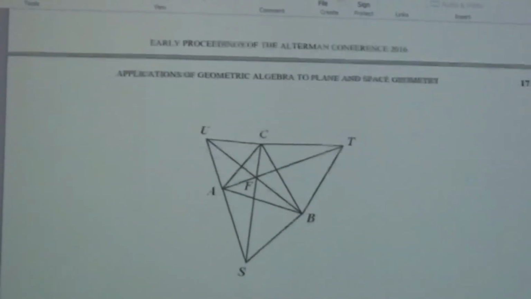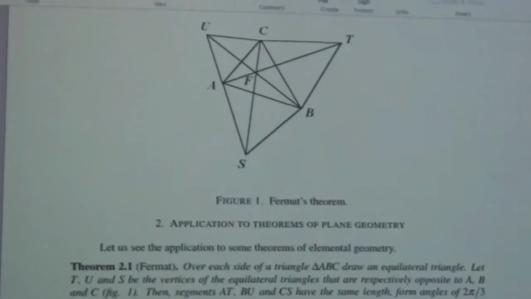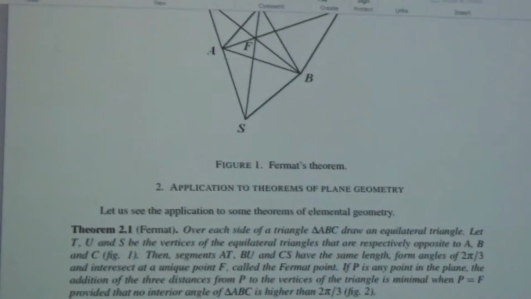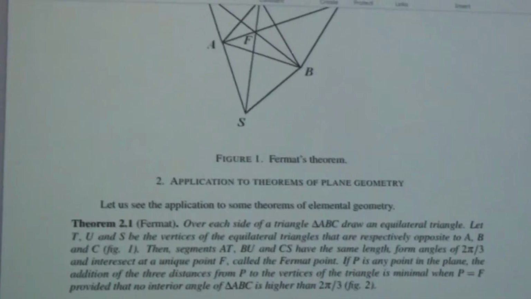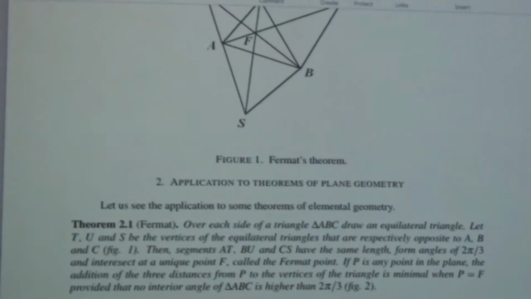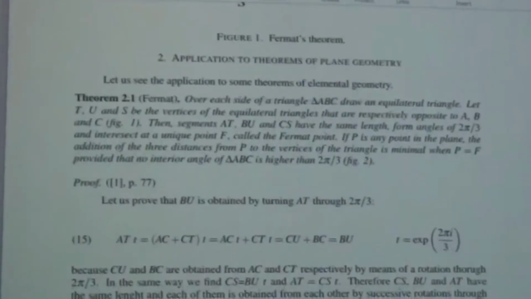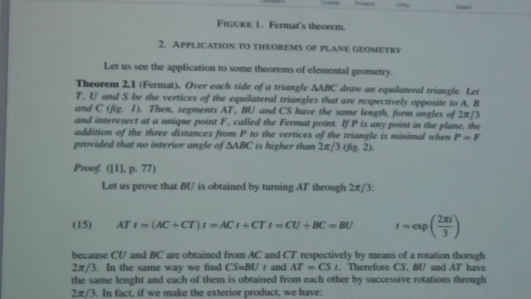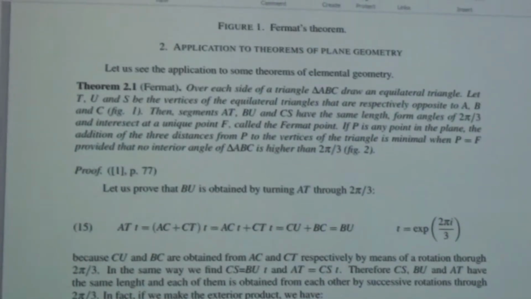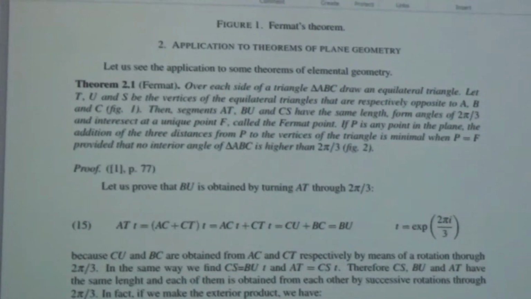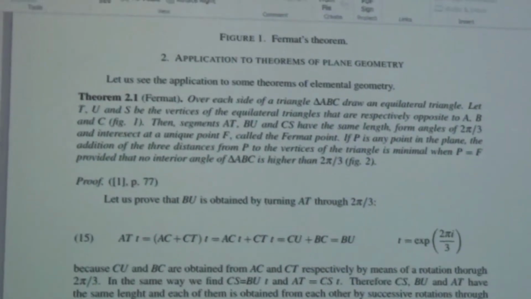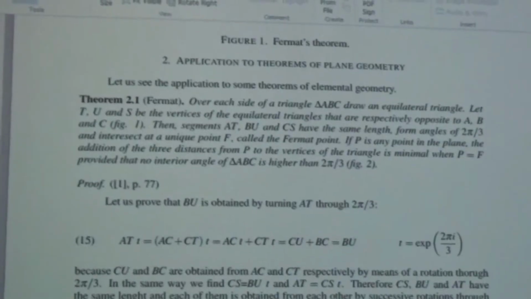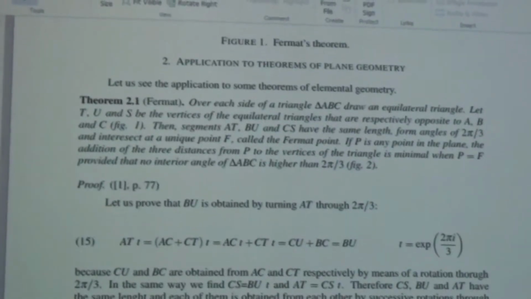These are some of these problems. We can apply it to Fermat's theorem and so on. I don't want to lengthen the lecture. But the important thing is that geometric algebra always gives a quantitative result, not only a qualitative proof, as we can find in the books of geometry.